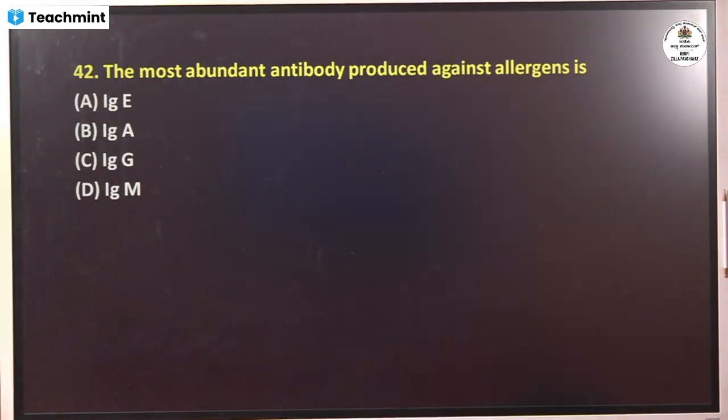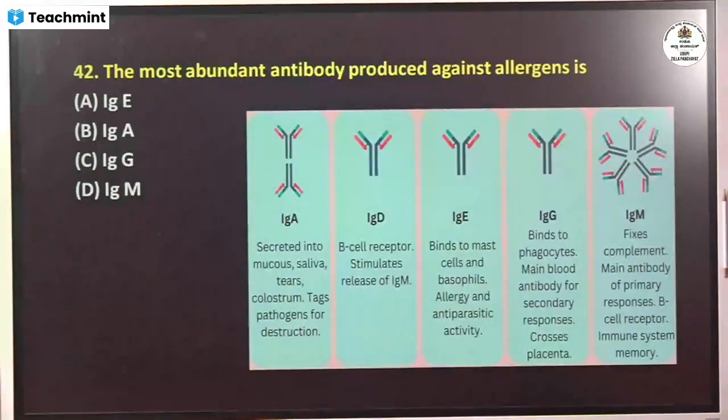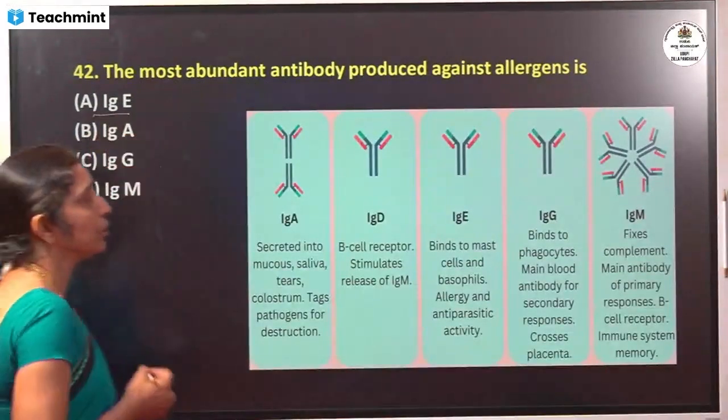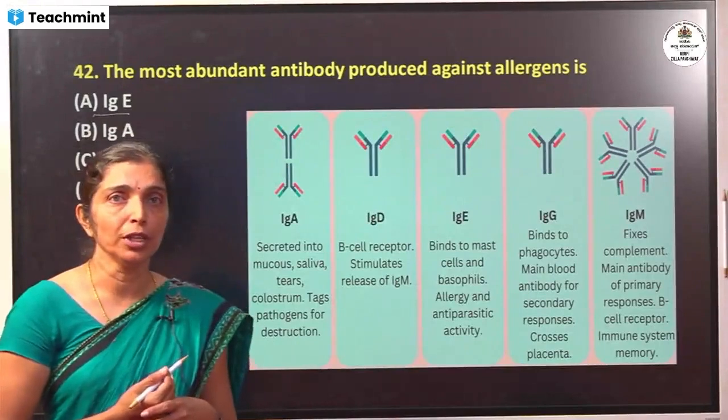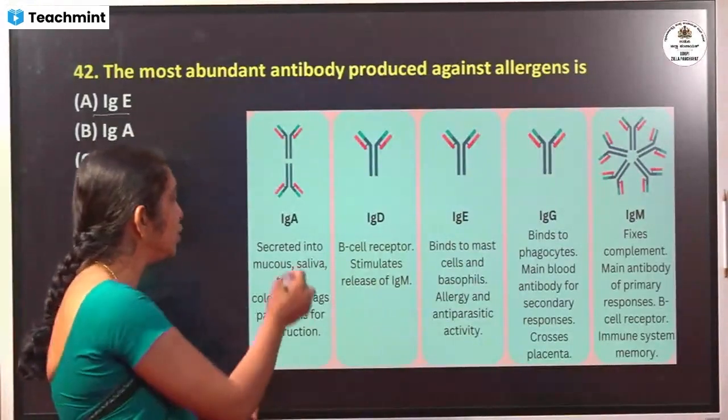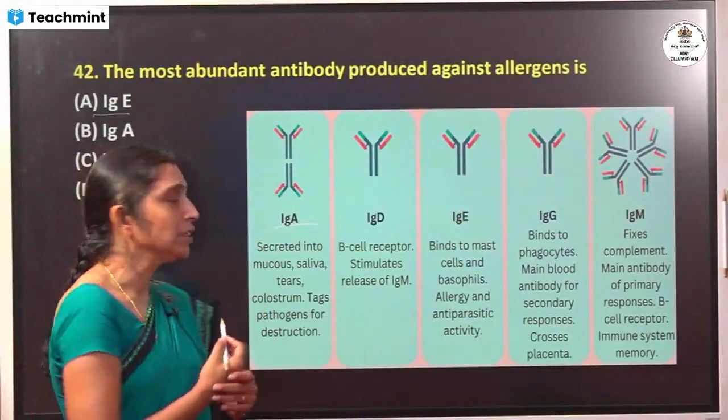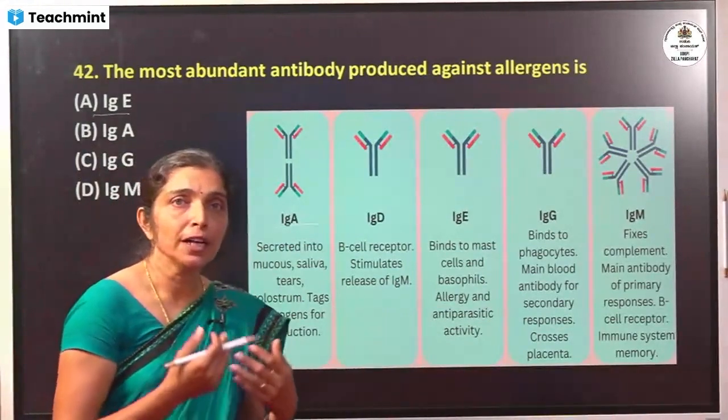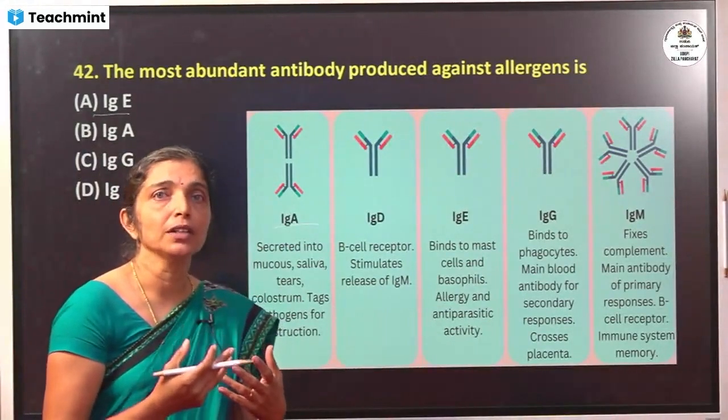The most abundant antibody produced against allergens is IgE, IgA, IgG, or IgM. Now, Ig is nothing but your immunoglobulin. We have IgA, which is usually secreted in your mucus, saliva, and so on.